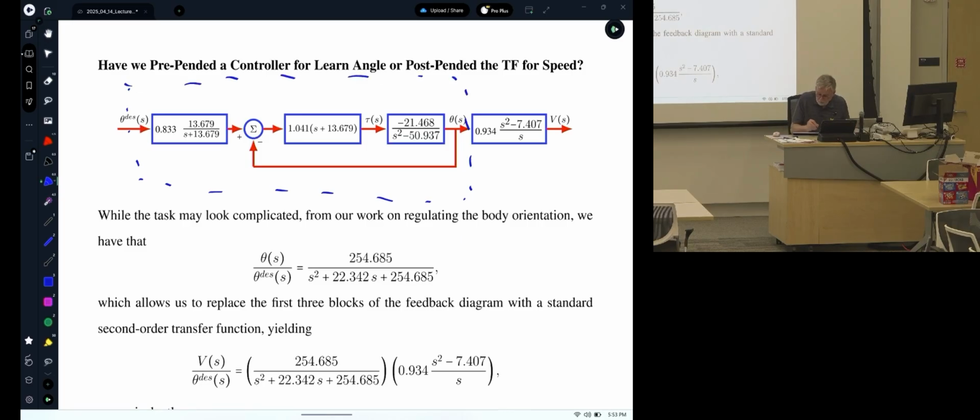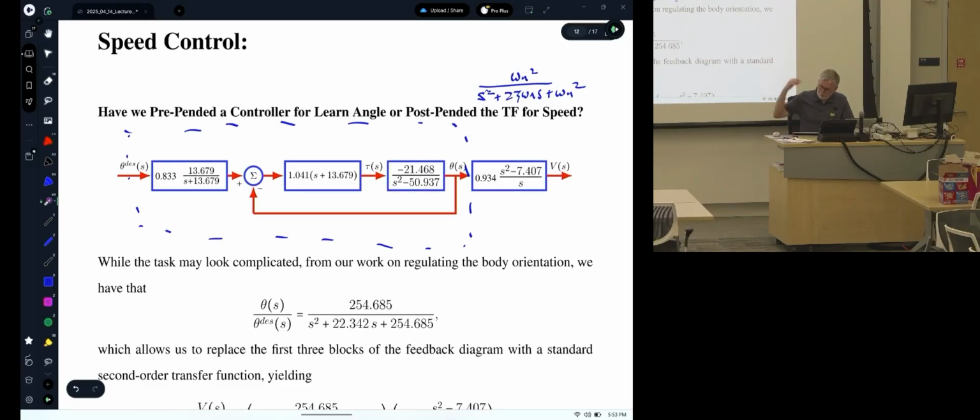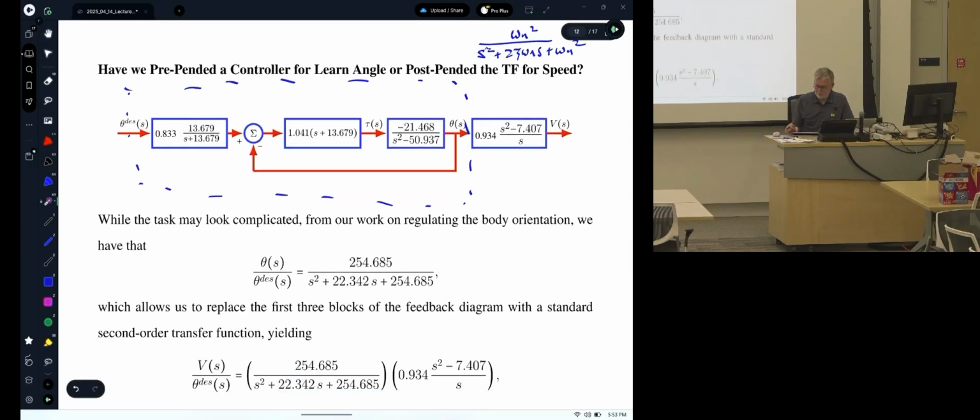To here, this looks like omega n squared over s squared plus 2 zeta omega n s plus omega n squared. Why does it look like that? Because we deliberately designed for that, okay?